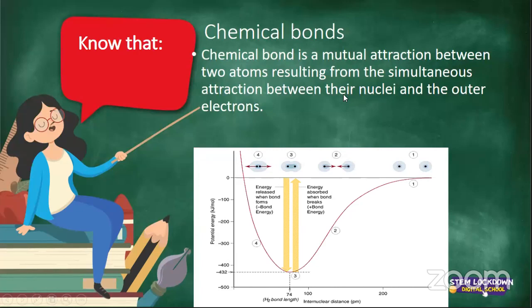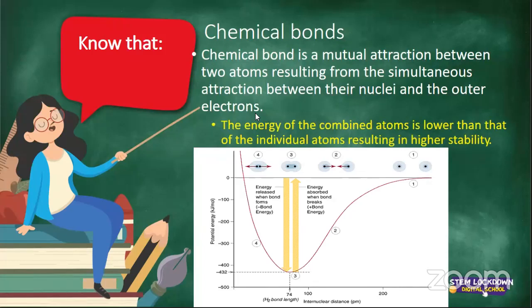You have two atoms that are simultaneously attracting each other, with both their nucleus and outer electrons.